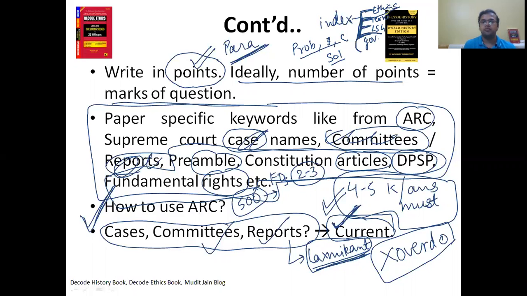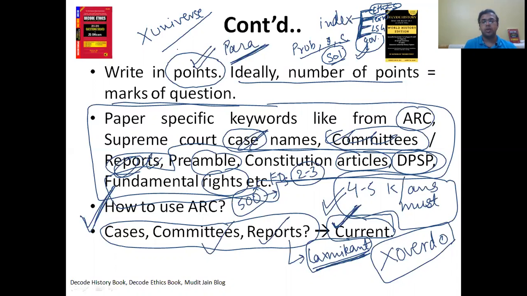Now you are very well aware of problems, issues, challenges and solutions regarding governance, regarding terrorism, regarding ethics. So you can use your knowledge about these things in your answers, and in front of that just write as per ARC, because ARC wouldn't have quoted something out of the universe. ARC is also drafted by human beings only.